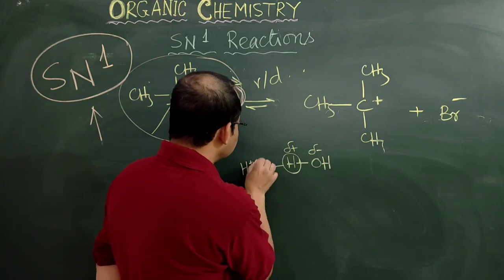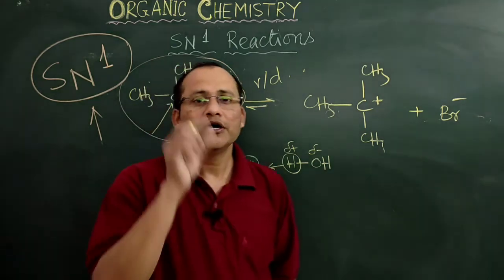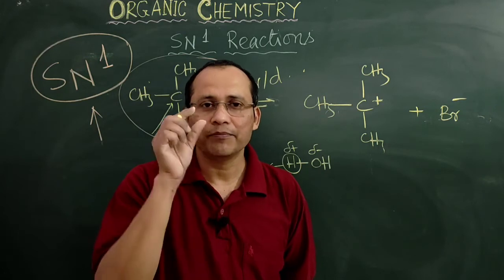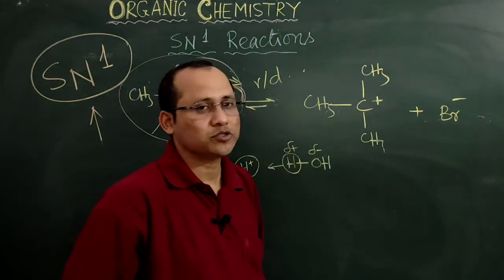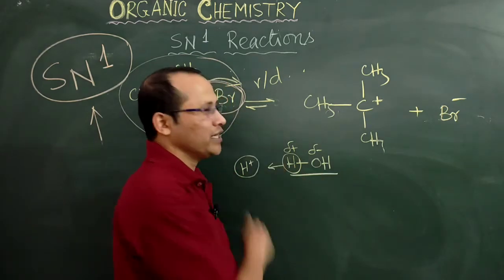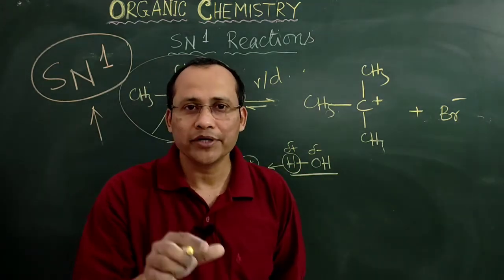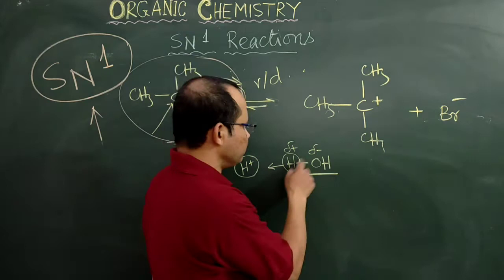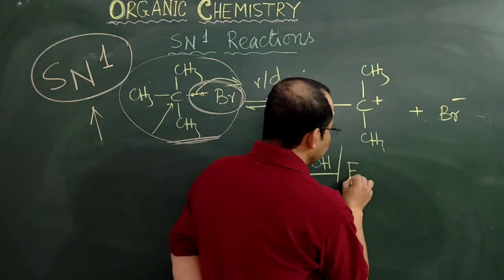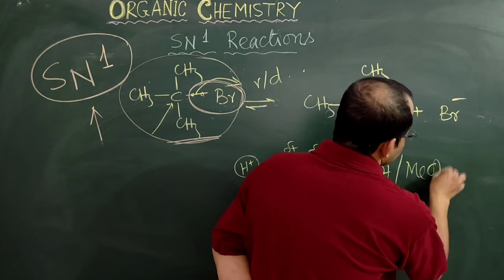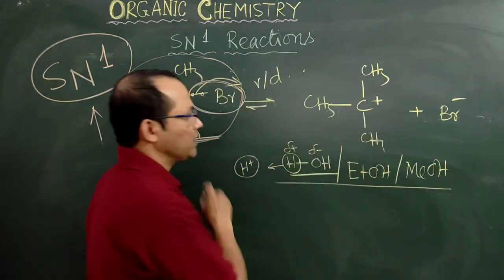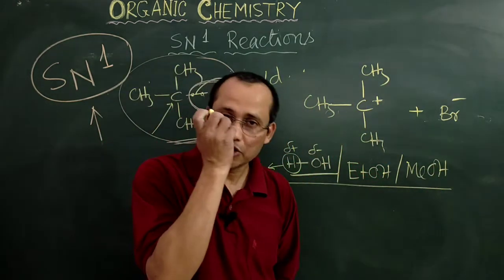So this type of substances are called protic solvents, and initially it was polar in nature, so this is altogether called a polar protic solvent. Similar things will be observed in the case of ethyl alcohol, and methyl alcohol also. So all these are polar protic solvents.